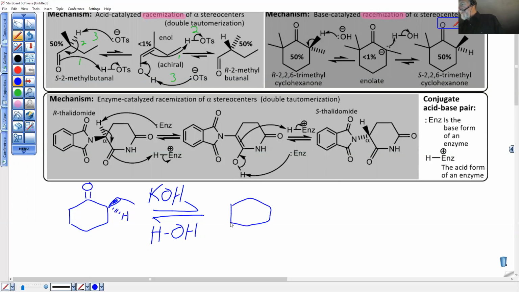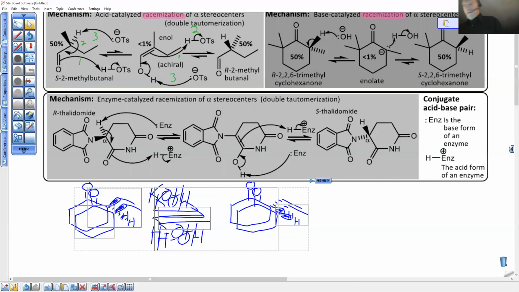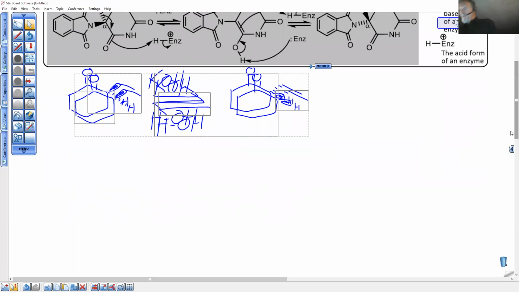So if you were asked to do this mechanism on a test, I expect you to do everything down here. Trying to get down on the lower portion of the screen here.